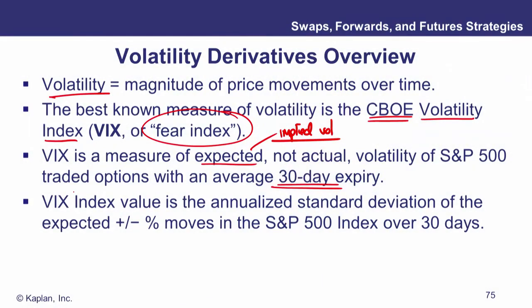Technically what it is, it's the annualized standard deviation of the expected returns, or plus or minus moves, in the S&P 500 over the 30 days. So it is annualized. If the VIX is at 15, then the annualized standard deviation of the S&P 500 over the next 30 days is expected to be 15%. Now this VIX is out there.